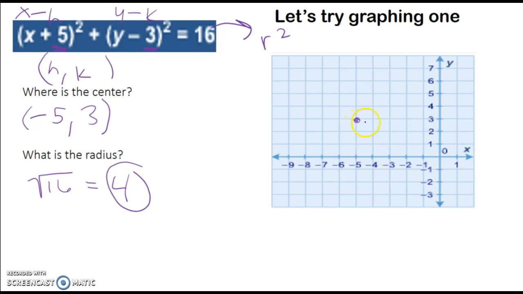The radius is 4, so that means this circle stretches out 4 units in all directions. So I'm just going to put 4 points here: 4 straight to the right, 4 straight up, 4 to the left, over at negative 9, and then 4 down. This is just an easy way that we can get a little sketch of the circle. It's not going to be perfect, and that's okay.